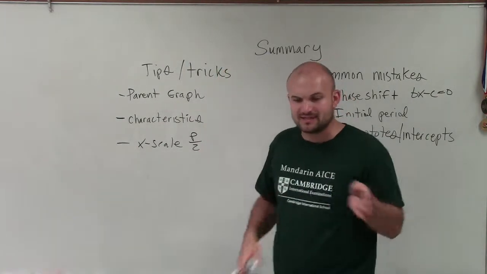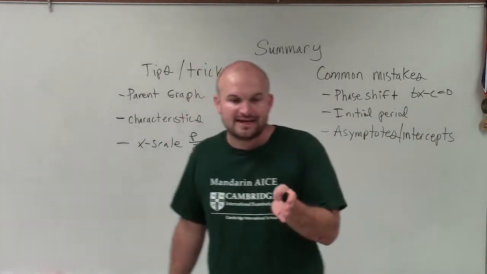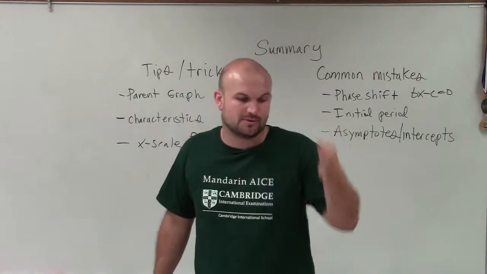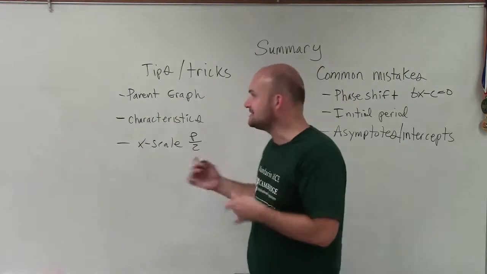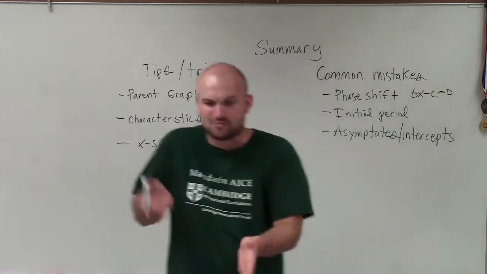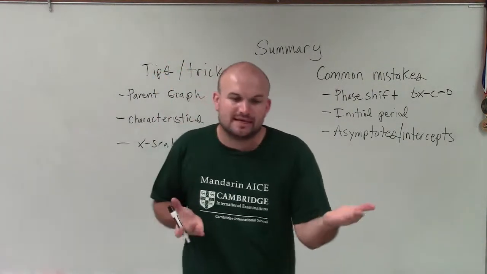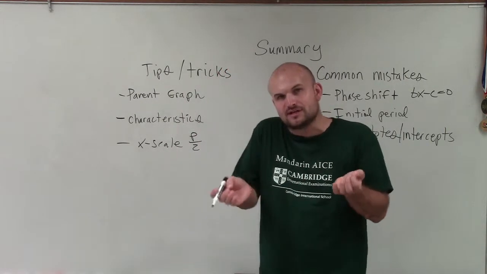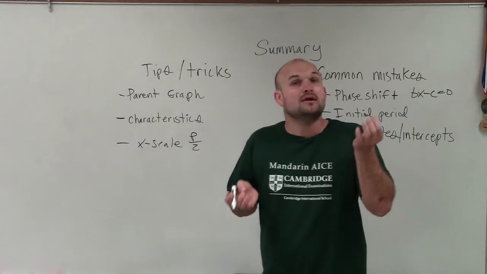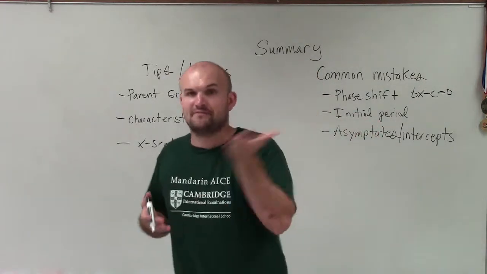That was because the characteristics of a period for sine and cosine were the maximum, the intercepts, the minimum, the intercepts, and so forth. But when we're doing tangent and cotangent, all we have is asymptotes and intercepts. So if I'm doing an x scale of period divided by 4, then those other 2 points are going to be points on the graph, which is helpful when you're graphing it manually.